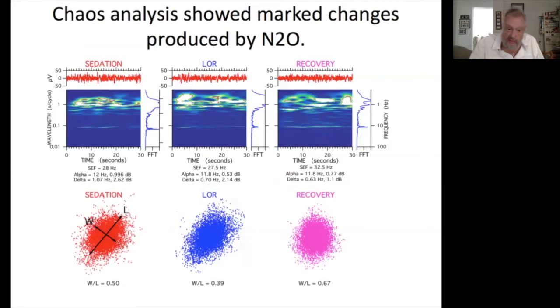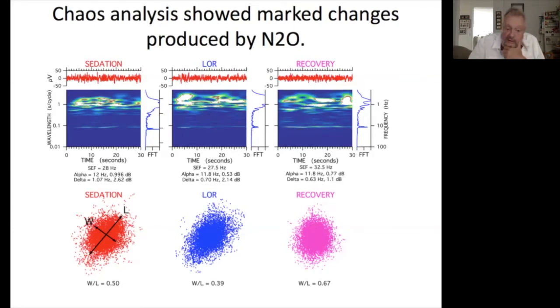So we take the very same EEG signals that we use to look at spectrograms and Fourier transforms, etc., that didn't produce much change in any of the frequency measures, but using a three-dimensional time-delayed embedding to produce attractor plots of the EEG signals, you can see these dot plots are the attractors coming from this EEG signal, this one's for that EEG signal, and this is for the recovery.